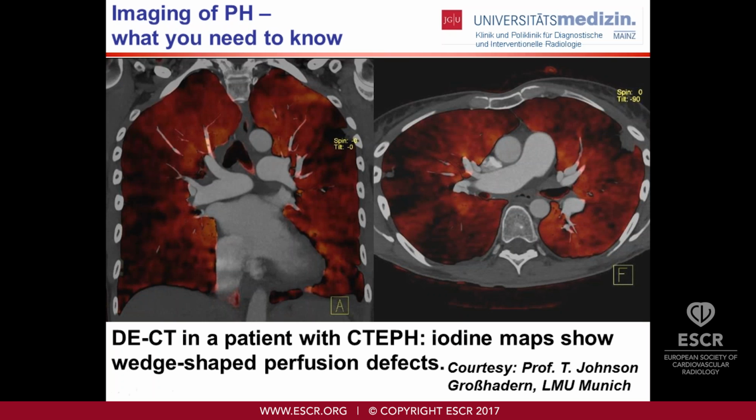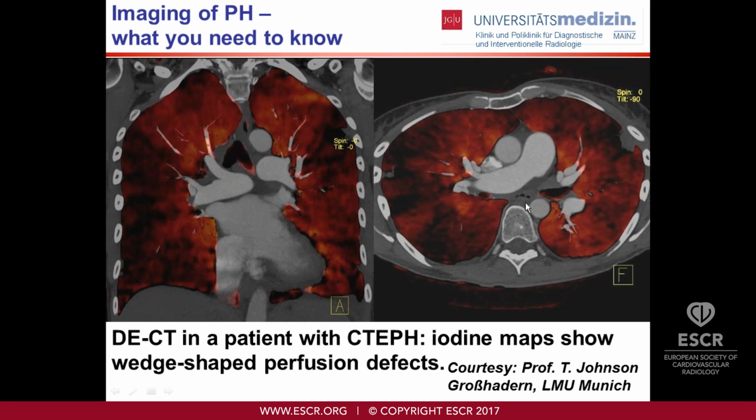This is a dual energy CT data set which I owe to Professor Johnson from Munich, where you can nicely depict these wedge-shaped perfusion defects in the periphery in a patient with a more peripheral form of chronic thromboembolic pulmonary hypertension.